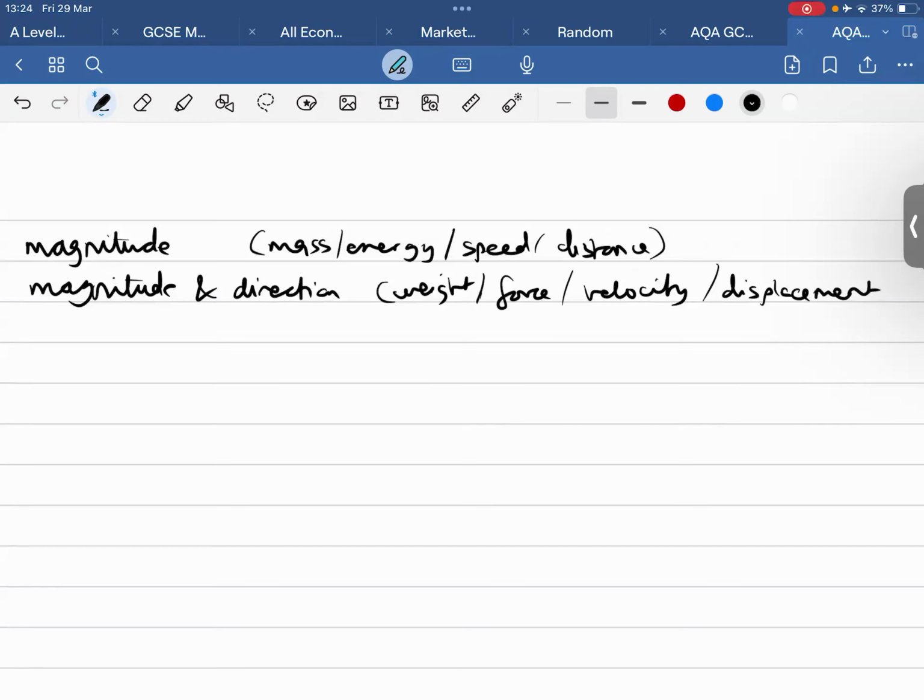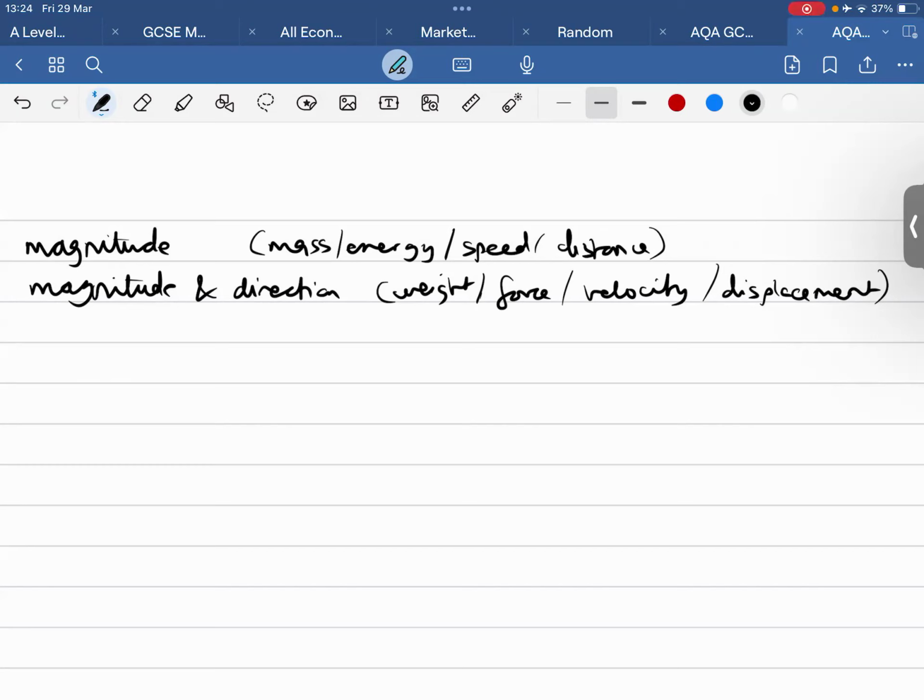The velocity and displacement bit I'll go through in more detail, but just quickly, your mass is just the amount of matter you have, and it's not pointing in any direction, it's just your mass. And the energy of a kettle, it's not going in any direction, it's just an energy store.